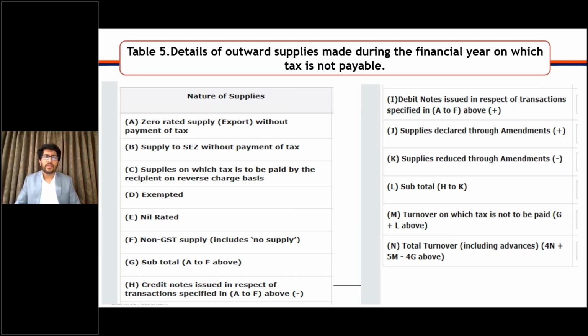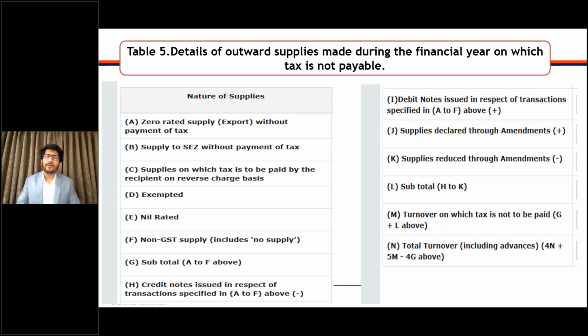So now let's move to table 5A. Details of outward supplies made during a financial year on which tax is not payable. So my outward supplies are divided in two parts. If tax is payable on outward supplies, they are going to be covered in table 4.